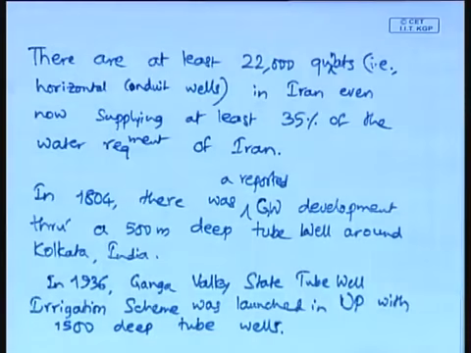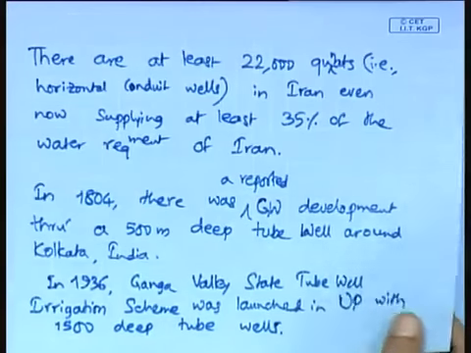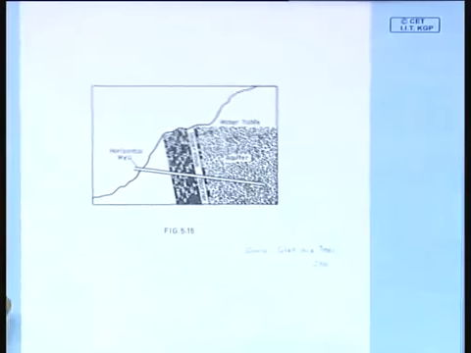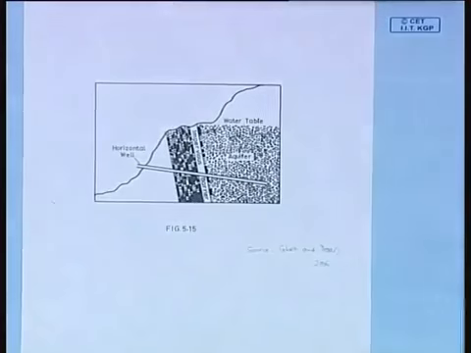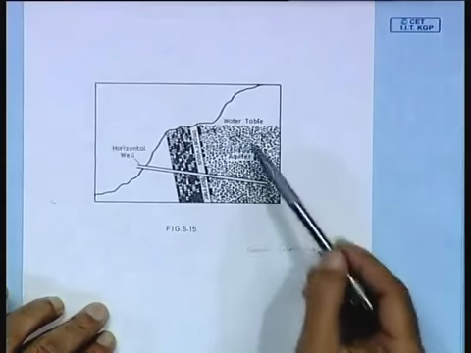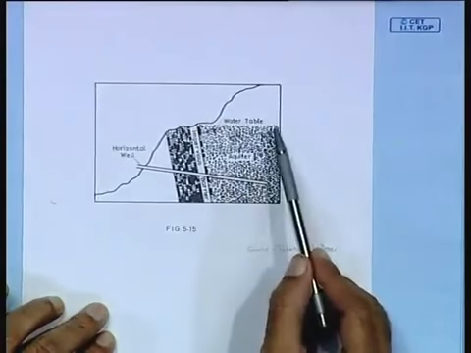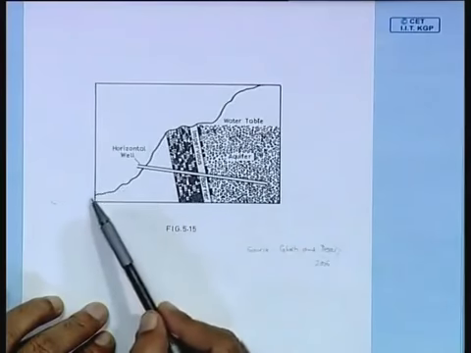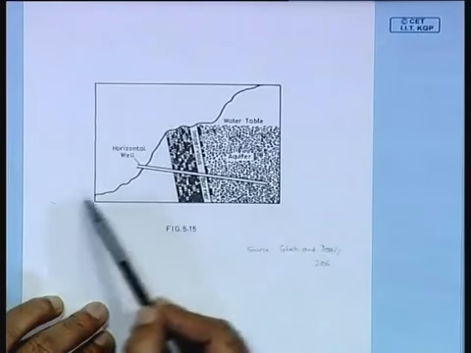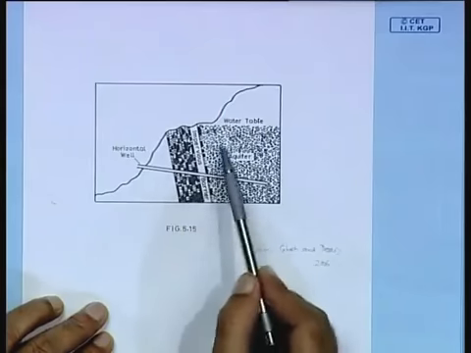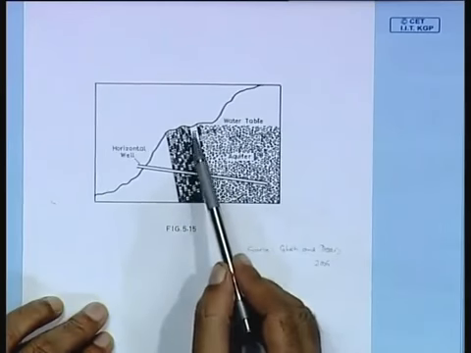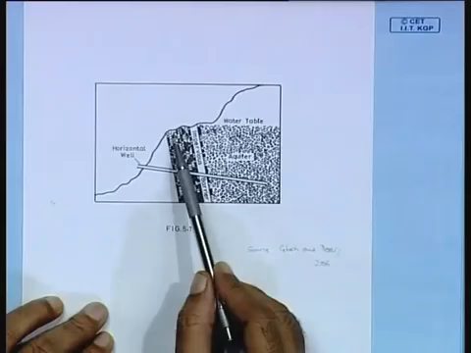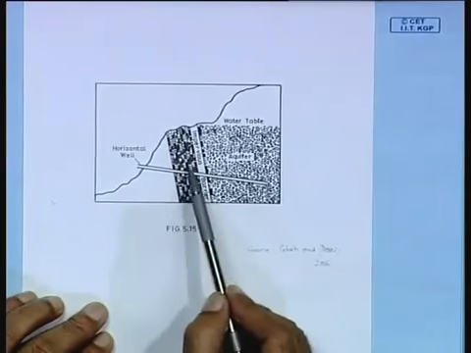And here let me also show you an example of a horizontal well. As you can see here, there is an aquifer with a water table here, and there is a sloping side, and this aquifer is bounded by an impervious barrier and some rock formations here.